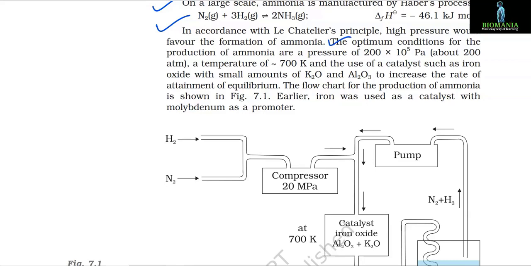The optimum conditions for the production of ammonia are a pressure of 200 x 10^5 Pascal, that is about 200 atmospheric pressure, a temperature of approximately 700 Kelvin and the use of a catalyst such as iron oxide with small amounts of K2O and Al2O3 to increase the rate of attainment of equilibrium. The flow chart for the production of ammonia is shown in figure 7.1 that you have to see from your book. Earlier, iron was used as a catalyst with molybdenum as a promoter.